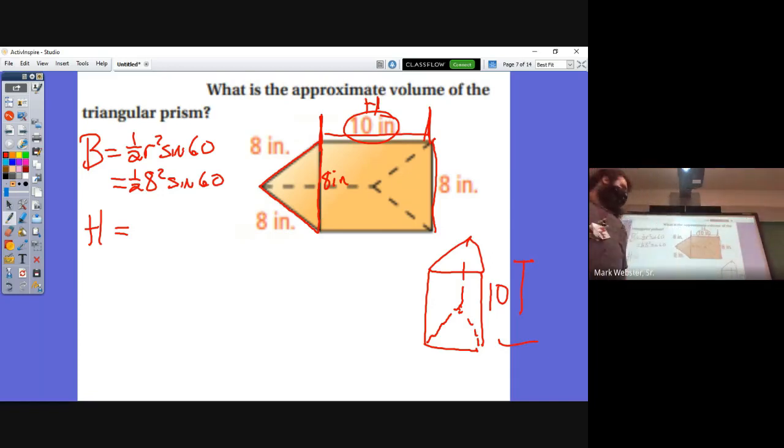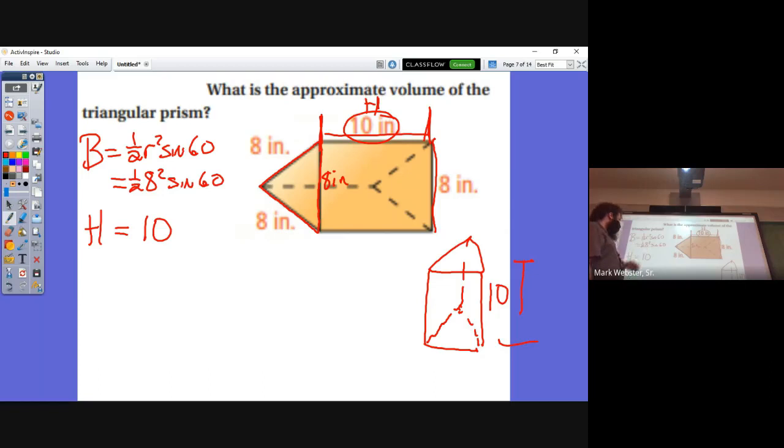But you don't have to. If you take the picture and identify, hey, here's the base, the distance from the base to the base, that's your height, right? It's up to you. Whatever helps.